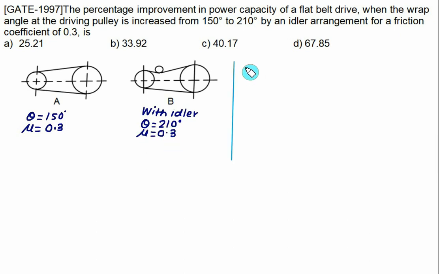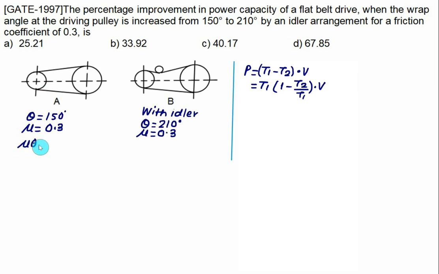Power transmitted is given as T1 minus T2 multiplied by linear velocity v. If I take out T1 common, then I am left with 1 minus T2 by T1 into the velocity v. So let's consider mu into theta.